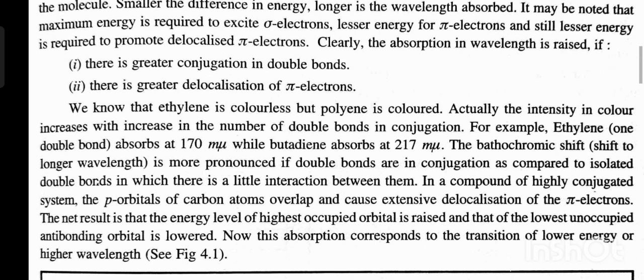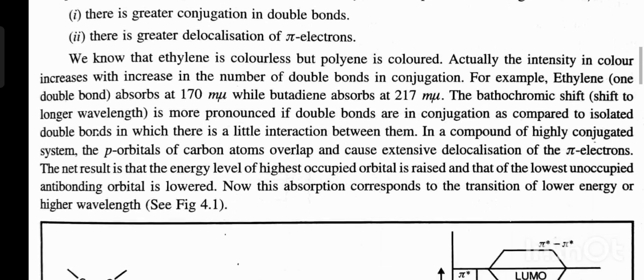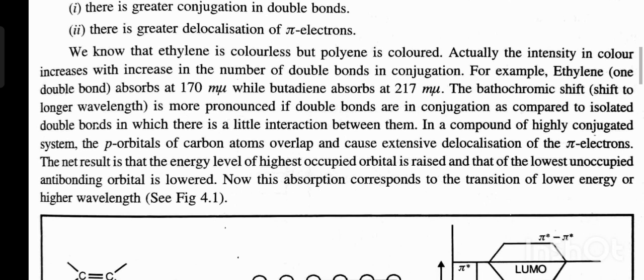For example, ethylene, with one double bond, absorbs at 170 nanometers, while butadiene absorbs at 217 nanometers. The bathochromic shift to longer wavelength is more pronounced if double bonds are in conjugation as compared to isolated double bonds, in which there is little interaction between them.